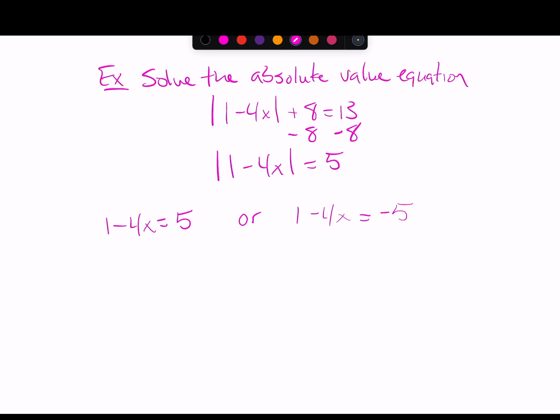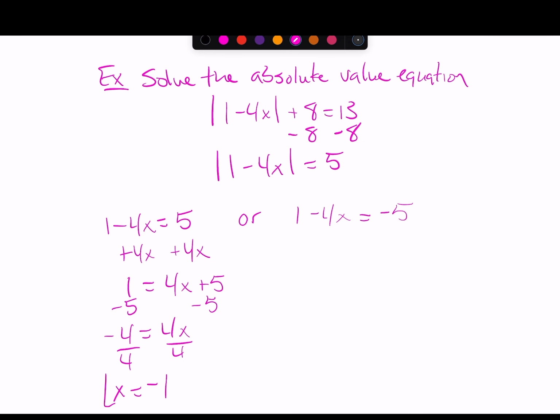So we can add 4x to both sides on this one. We have 1 is equal to 4x plus 5. We can subtract 5 from both sides, and we're left with negative 4 is equal to 4x. Divide both sides by 4, and we get x is equal to negative 1. That's our first solution.